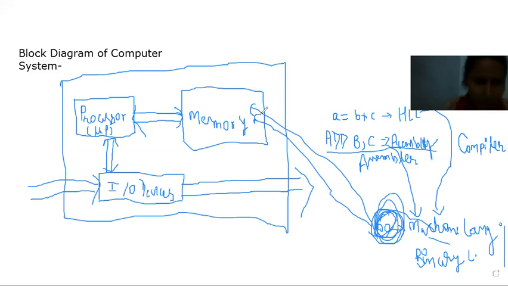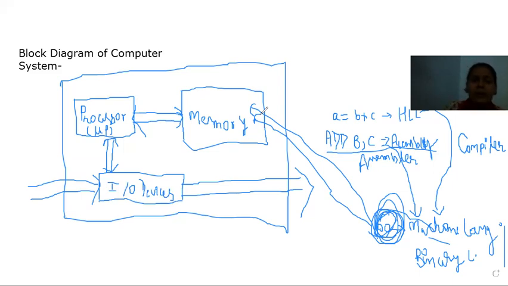So first of all, we will draw the block diagram of computer system in which input output devices, memory, processor we will use. After that, input devices will give the input and output devices will produce the output. In the memory, data can store only in the form of 0 and 1.